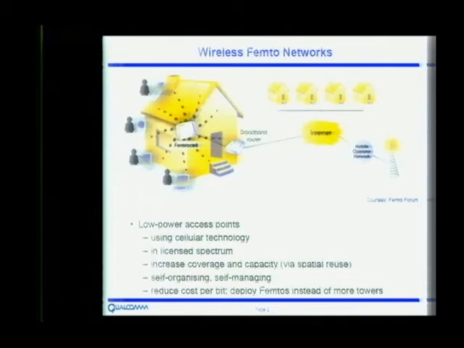For the 3GPP technologies, you don't need synchronization. For the 3GPP2 technologies, synchronization can be provided either by GPS, if you can see GPS, and many of these boxes come embedded with GPS, or you try to synchronize to a macro cell that you can see.